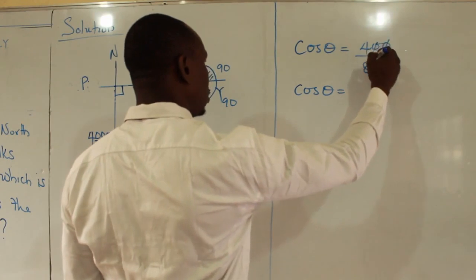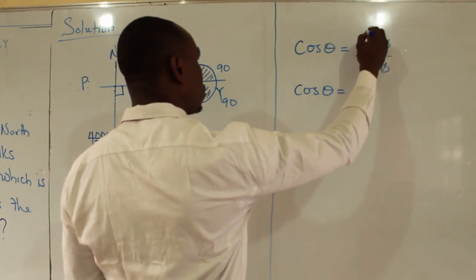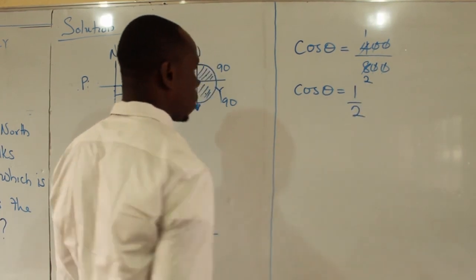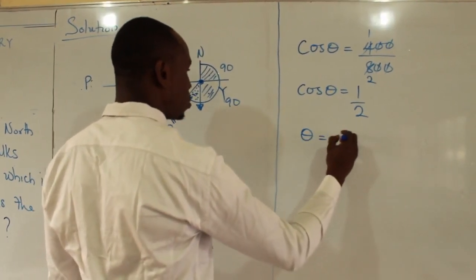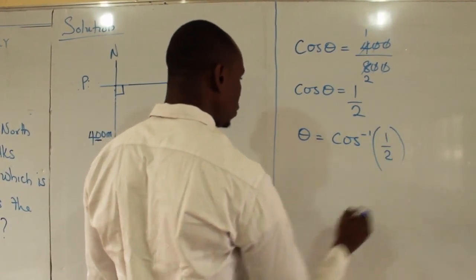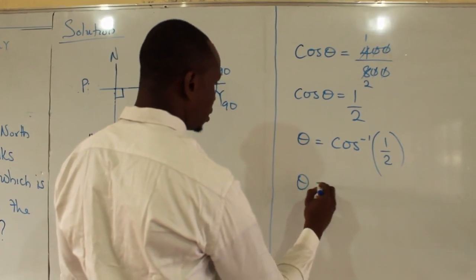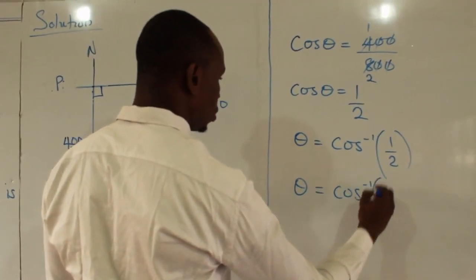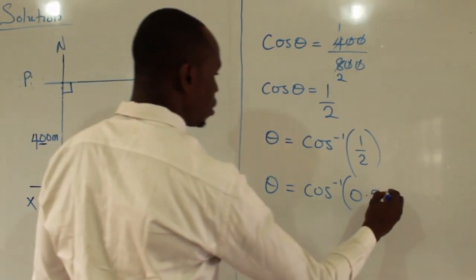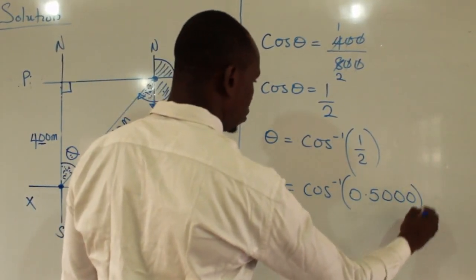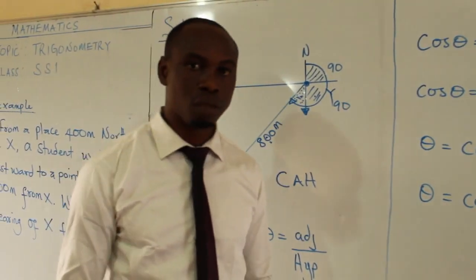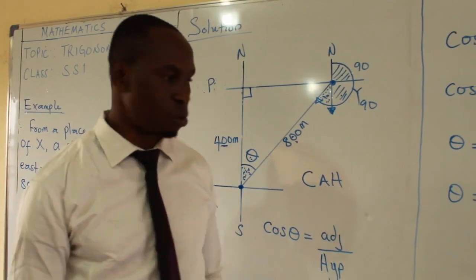0 cancels 0, 0 cancels 0, 4 cancels 8, and I'll have a half. Theta becomes equal to the cos inverse of 1 over 2. You can agree with me that 1 over 2 is the same thing as 0.5, but put as 0.500 for those that would want to use a 4-figure table to check the cos inverse of 0.5.